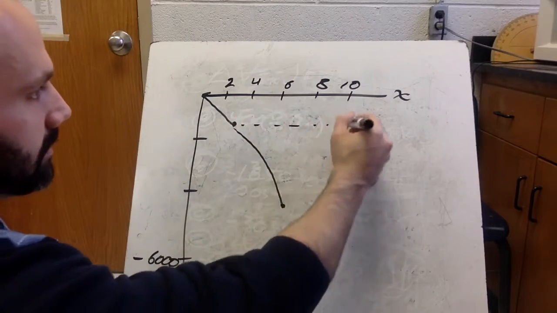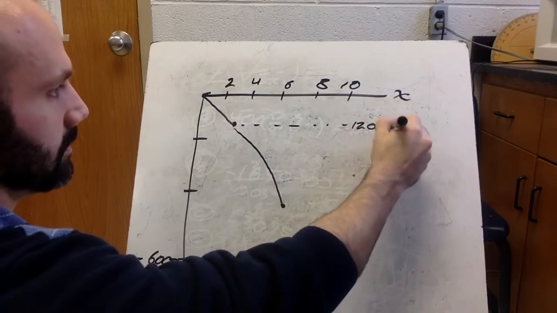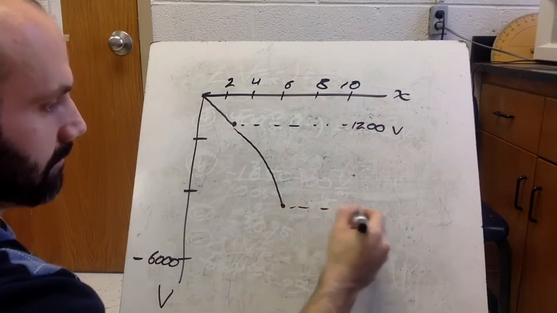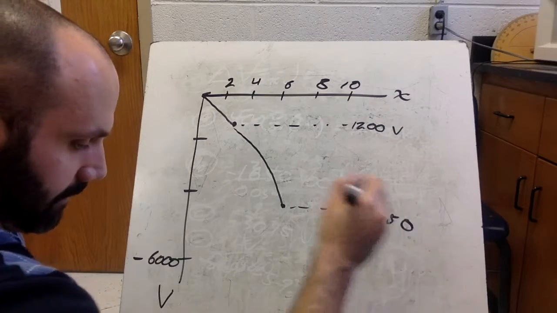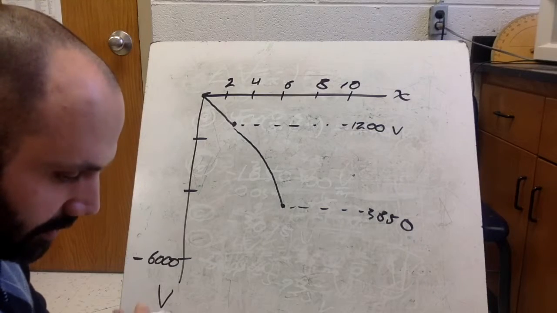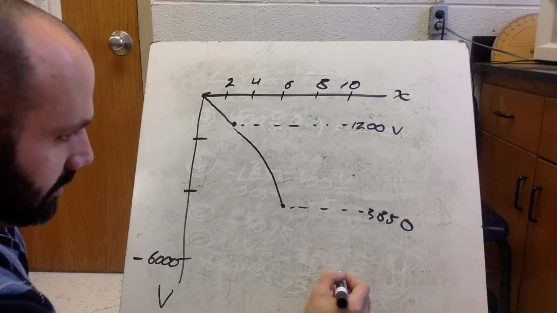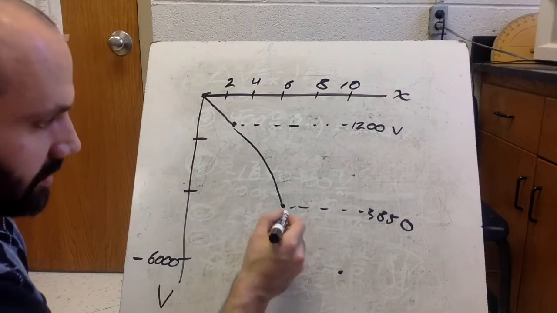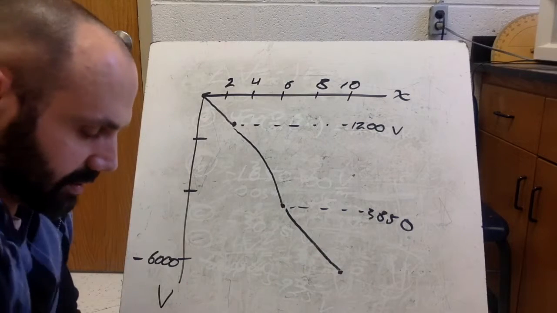Right, so this is about negative 1,200. This is about negative 3,850, right? Because we add that up from the other one. And then in total, by the end, right, we get down to 10. It's about here, close to about negative 6,000. And so this is flattening out a little bit, but it doesn't go all the way to 0.